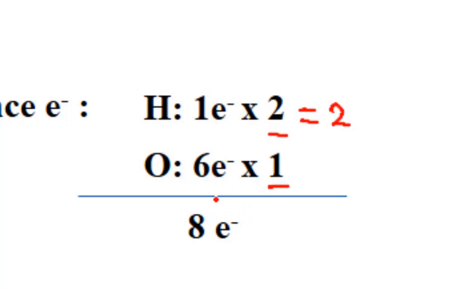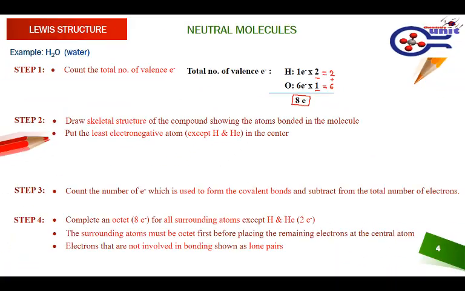For oxygen, which is from group 16, the valence electron is 6. So, 6 times 1 equals 6. Thus, the total number of valence electrons in the water molecule is 2 plus 6 equals 8 electrons. Okay, we have finished with step 1.